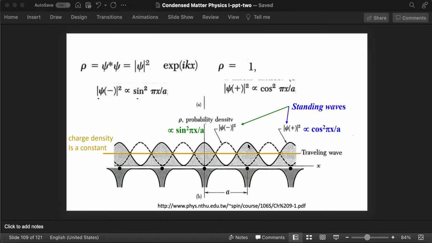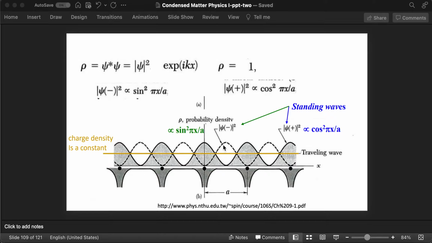Now if an electron sits here, then it's closer to the ion, and therefore the attraction will be more, and the energy will be lower, because it's an attractive potential. Whereas if the electron sits in between the ions, then the attractive potential would be less, and therefore the potential energy would be higher.